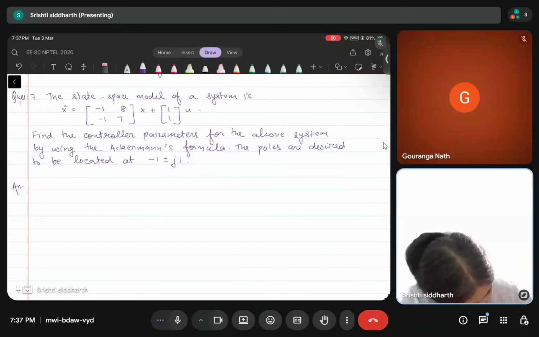So let's find out the desired characteristic equation.